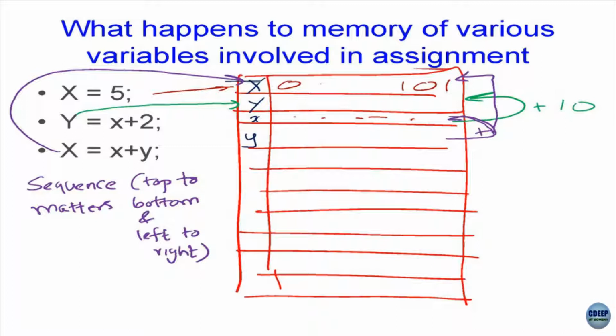You can't have capital X equals small x plus small y as a first step and expect the same outcome. So the sequence, as I said, top to bottom and left to right, this entire sequence matters.